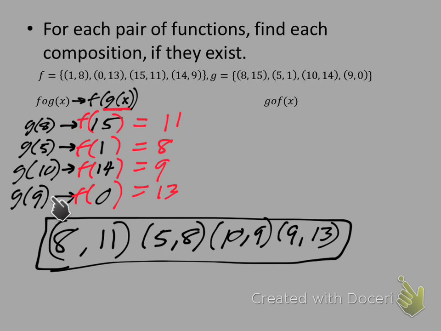You do g of 9 up here, which is 0, right? And then you do f of 0, which is 13. Use g's first, f second, because you're going inside out.